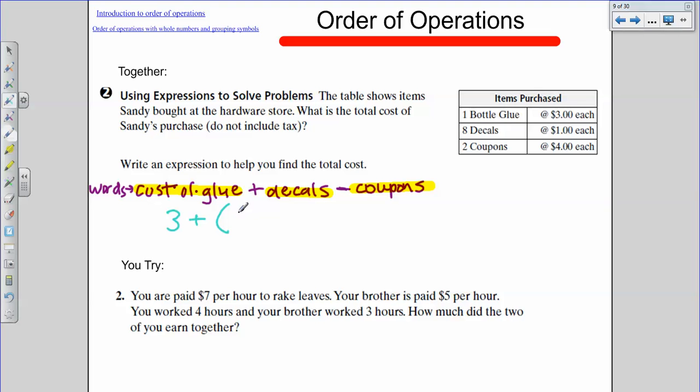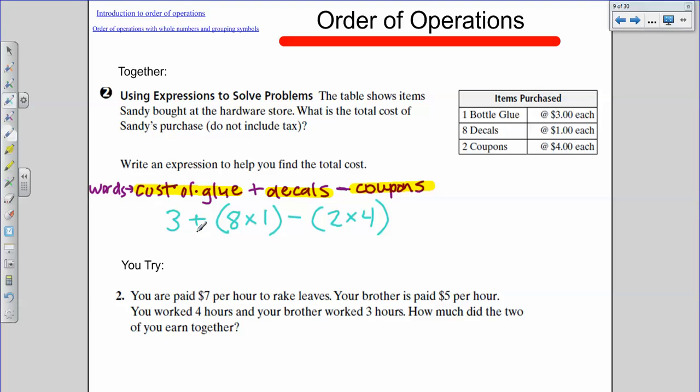So that means I'm going to have to do 8 decals times $1 each. Then I'm going to subtract my coupons, and I'm going to have to group those together. So this is going to be my expression that will help me figure out the final cost.